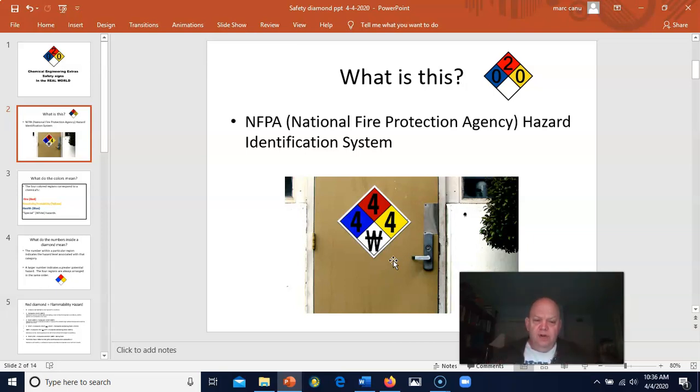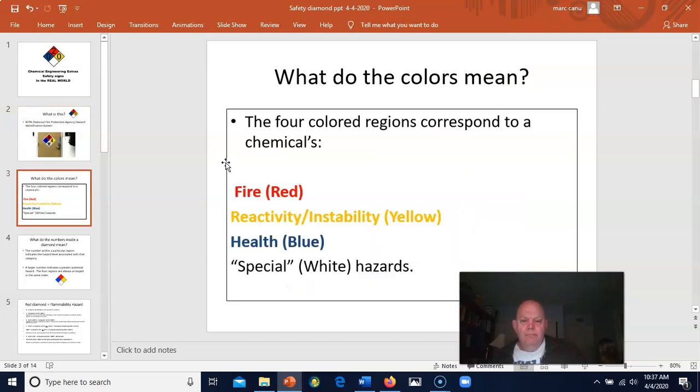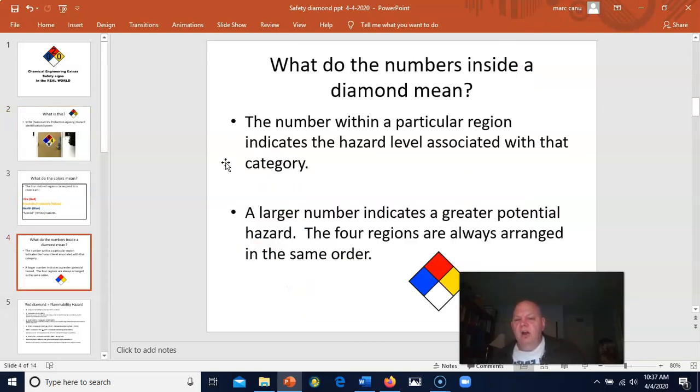If this place is on fire, you don't use water to fight it. The reason for that is it's kind of like putting out a grease fire in the kitchen. You try to use water, you're going to make the fire worse. So that particular symbol is pretty important. That's knowledge that the firefighters want to have.